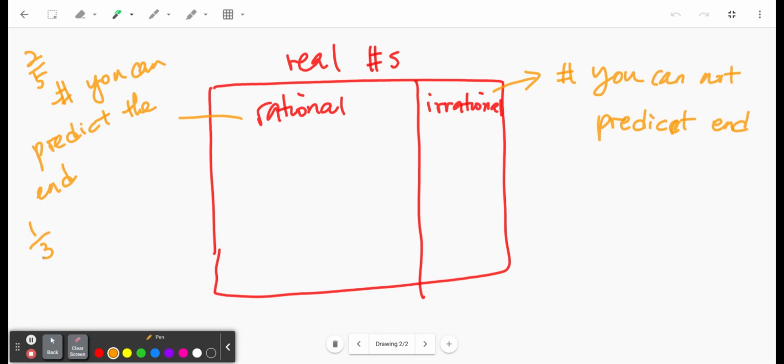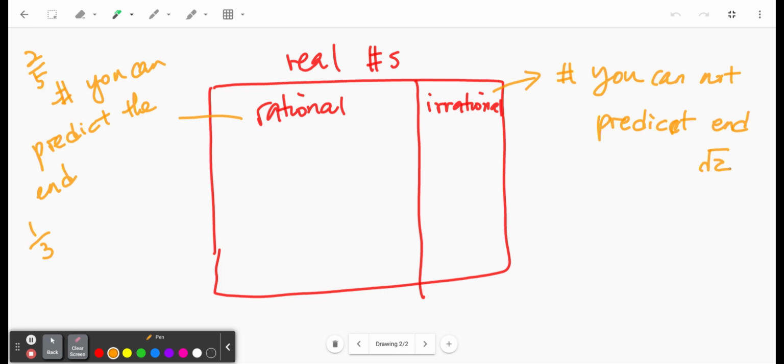Okay, next one: square root of 2. Put square root of 2 in the calculator. What is the number for square root of 2? 1.4142, blah, blah, blah.